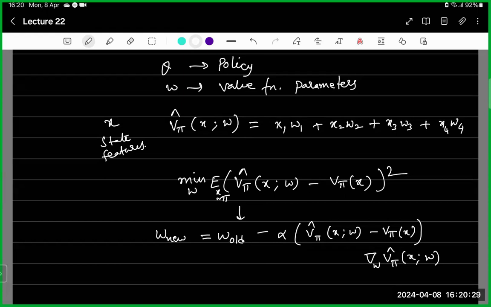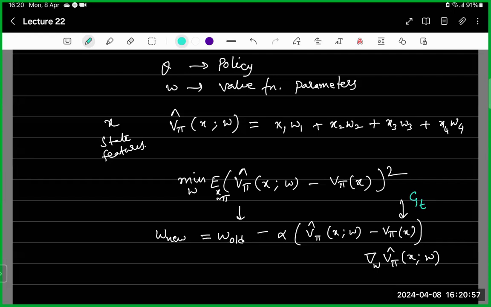But what is the issue here? We don't know what is V pi of h, which is the true value. So what can we substitute here? We're anyway running one episode, right? So we can use GT instead of V pi of h, which is the Monte Carlo based function approximation.